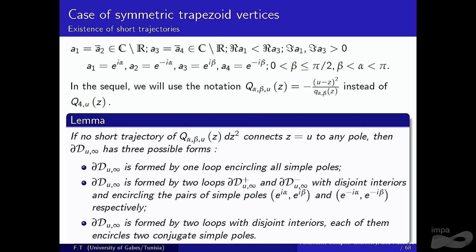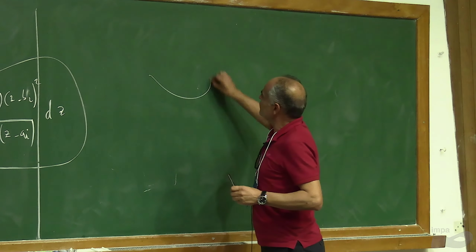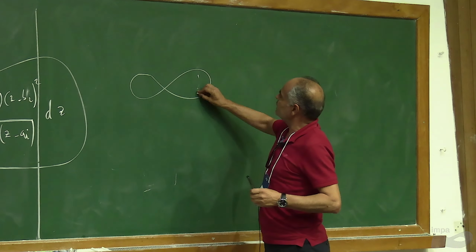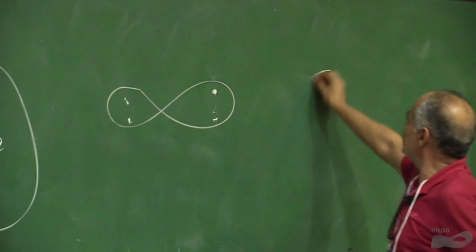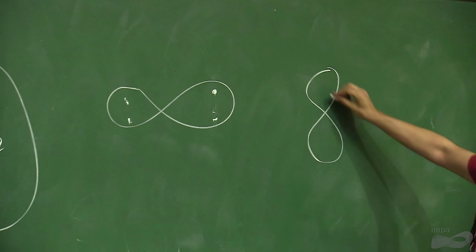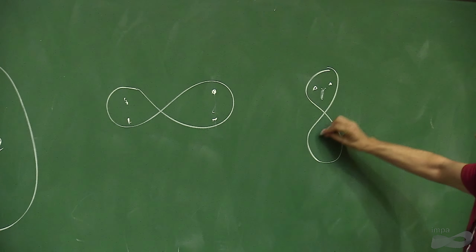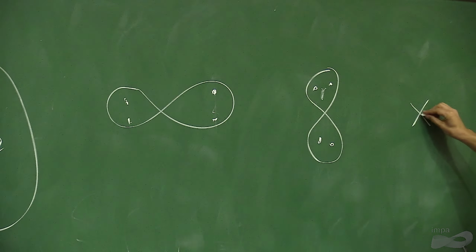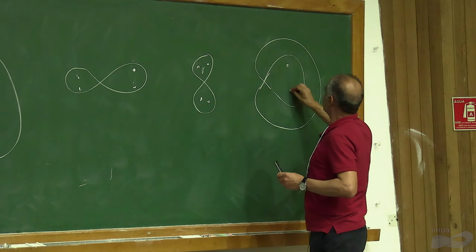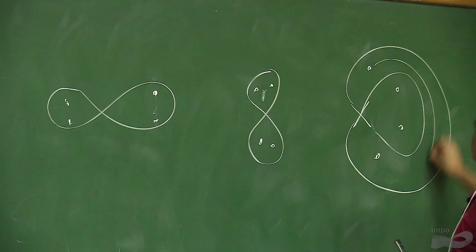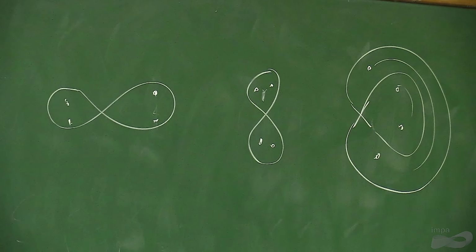We have three possibilities: either something like this, where these are simple poles, or something like this. These are all the possible configurations of the critical graph of our quadratic differential. But we forget another interesting case, which is our case.